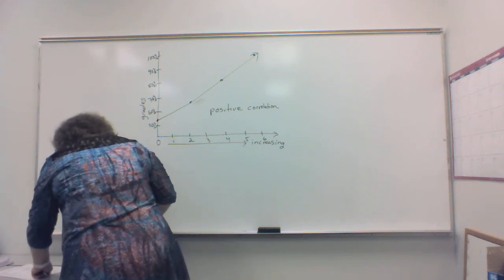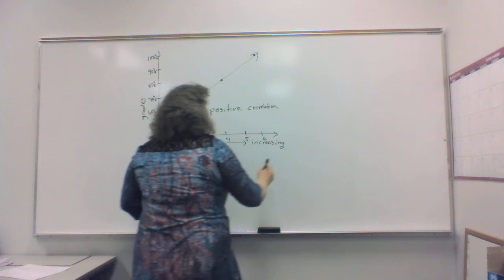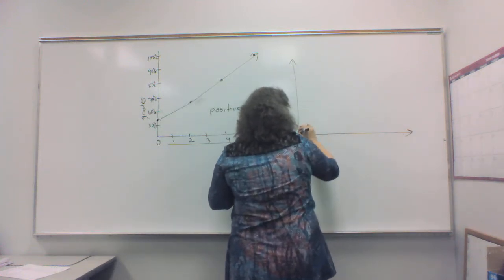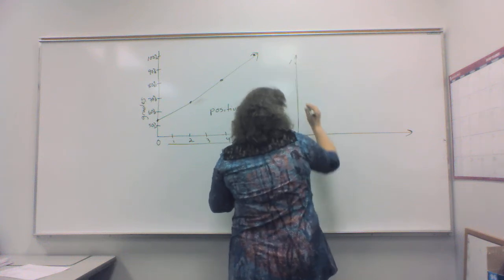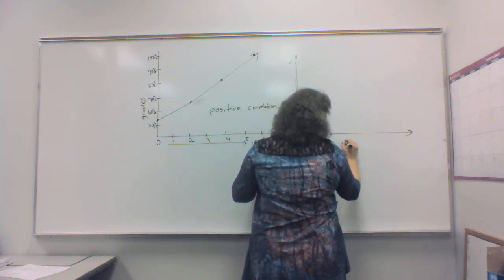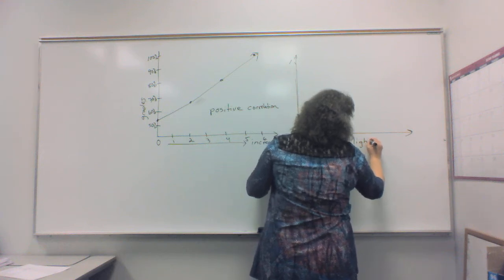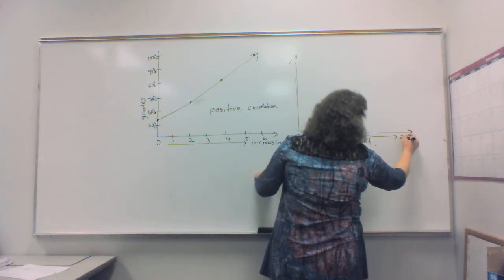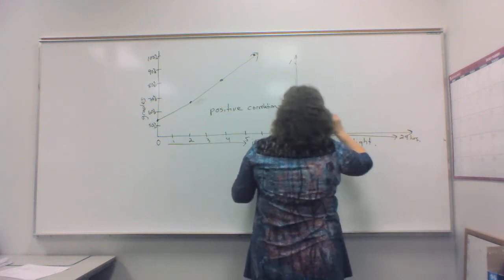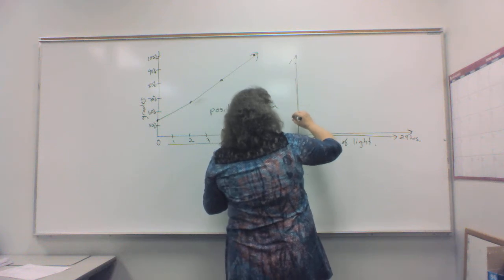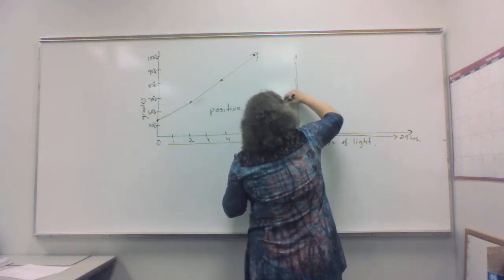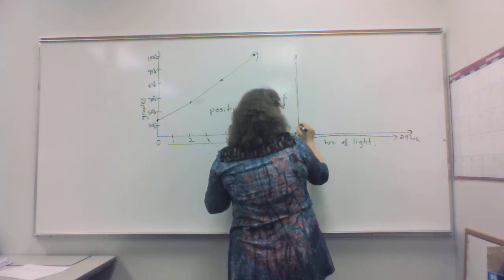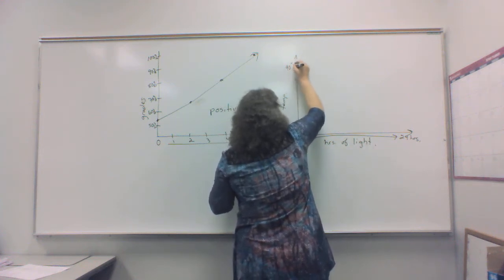What if I had hours of light versus temperature? As my hours of light increase from 3 up to 24 hours, think of Alaska, my temperature is going to increase from maybe negative 30 degrees up to 90 degrees.